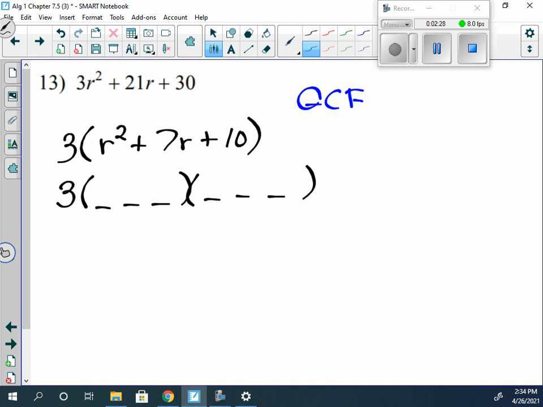So this will be the first time we're looking at a quadratic where we have a number in front of r squared. Now this time, it worked out that all three terms are divisible by 3, the number in front of r squared, so we pulled it out. Because whenever we pull out this greatest common factor, it makes it a little bit easier to work with. Okay.